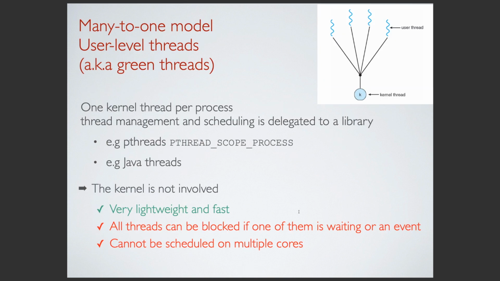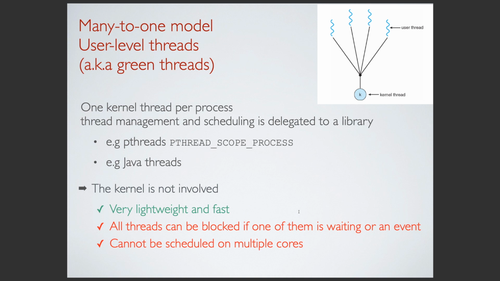Another one that is also popular is to have threads at the level of the application. Meaning now the kernel is not involved. The kernel is going to give the processing time to some kind of a thread or process, it doesn't matter. And there you're actually going to manage all your own scheduling and all your processes at the application layer.